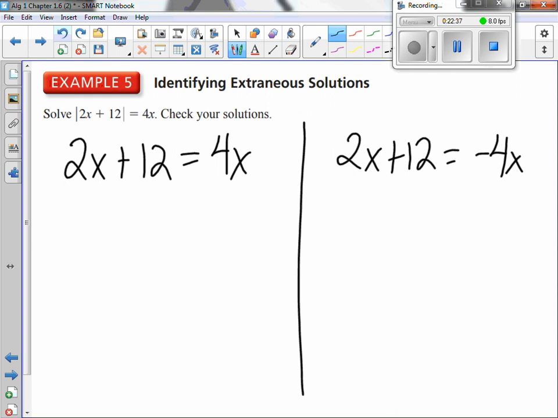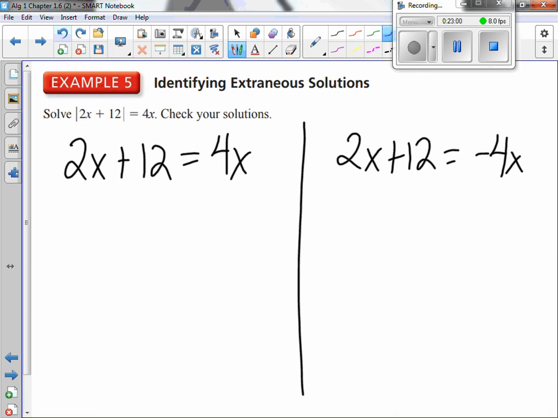So some of these steps help us so that we don't have additional steps. There's nothing wrong, because at this first part, we could subtract 12 from both sides. We could subtract 2x from both sides, or we could subtract 4x. None of those are wrong, because we can do any one of those.